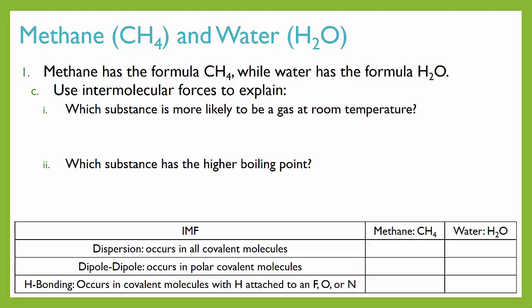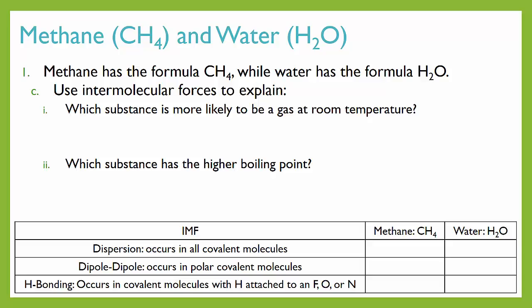So dispersion forces are very short-lived, temporary dipoles. This occurs in all covalent molecules just due to shifting electron clouds. Dipole-dipole interactions occur in polar covalent molecules, and hydrogen bonding occurs in covalent molecules that have a hydrogen attached to an F, O, or N. Basically, all of these are just attractions that occur between molecules within a substance.